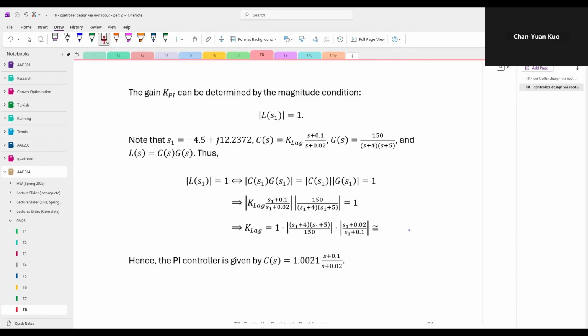And doing so will give us the gain of 1.0021, which is almost 1. And this is again expected because the lag compensator was designed to have only a minimal effect on the original root locus while increasing the error constant.